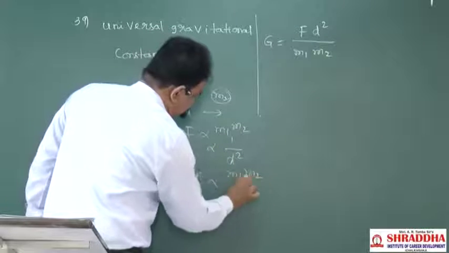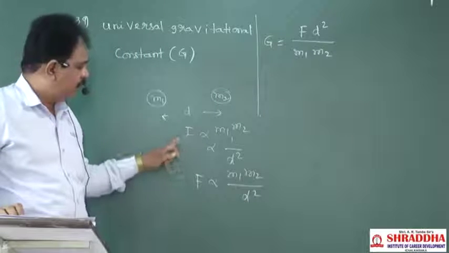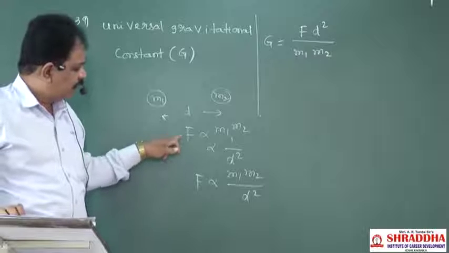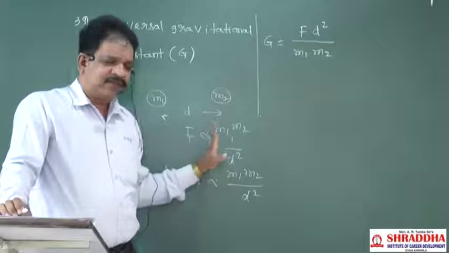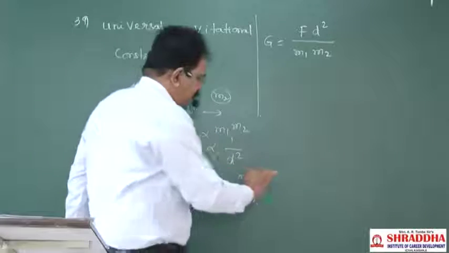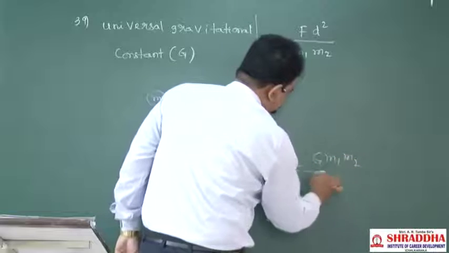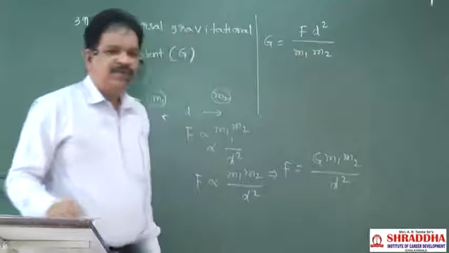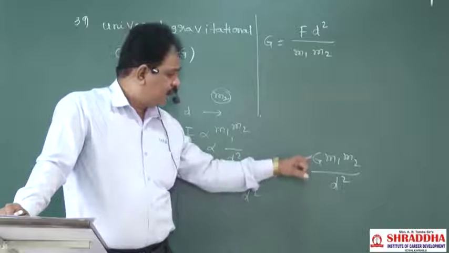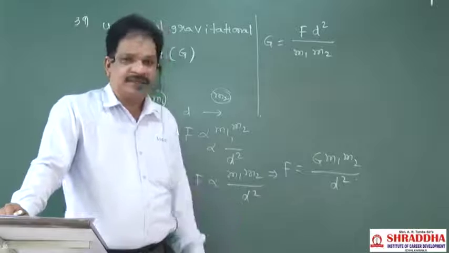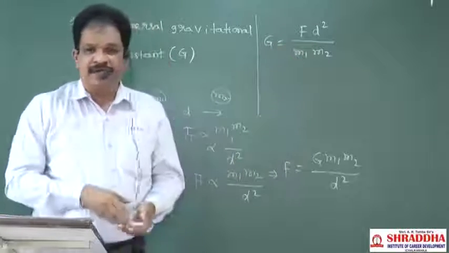By combining this we can write F proportional to m1 m2 by d square. I think it came already in the gravitation lesson, maybe in earlier classes. Then F is equal to some constant G into m1 m2 by d square, where capital G is called the universal gravitational constant. So from that, G value will be F d square by m1 m2.